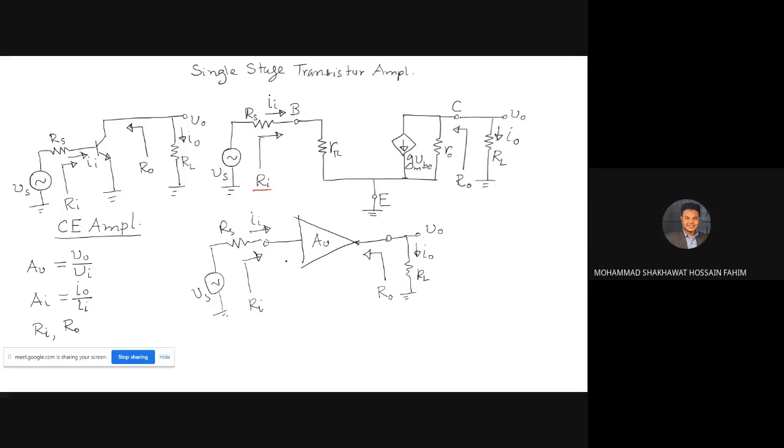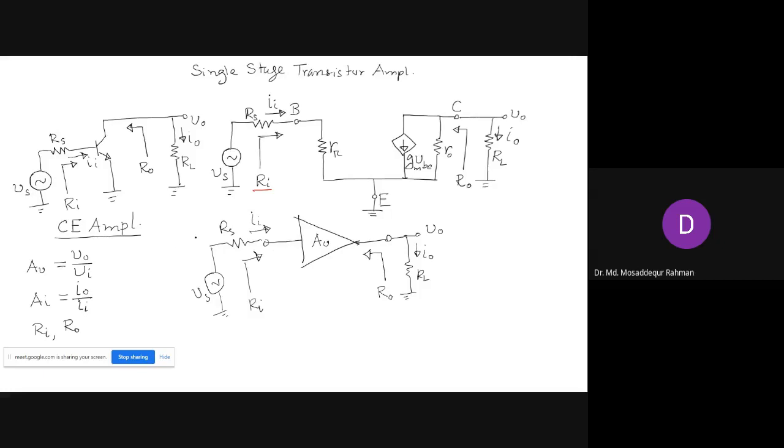They are external, right? The input resistance is looking into the amplifier, looking from this point. The RS is before that. It's not part of the amplifier.